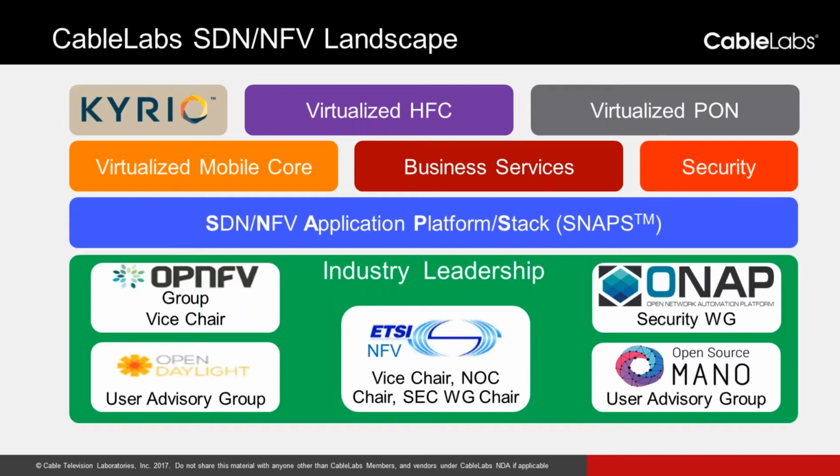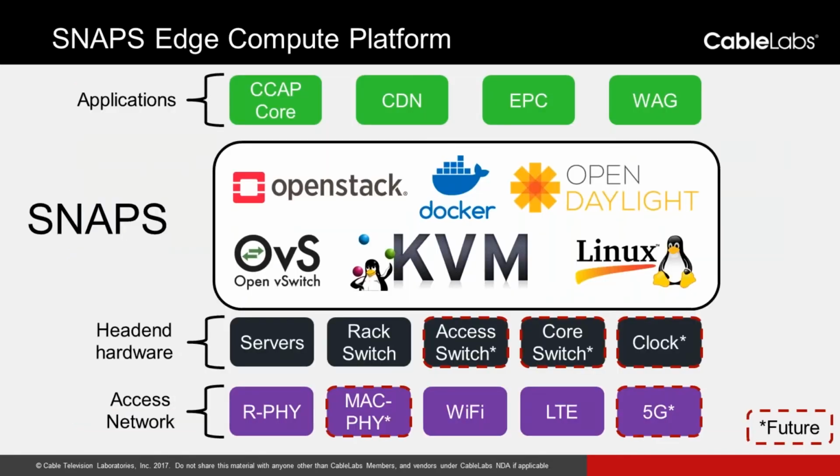I won't go too much into the demo we've done in that, but do feel free to follow up if you'd like to learn more about that. Security is another huge area in this space, and we work very closely with the security team to identify potential threats as well as to influence the open source projects to improve their security measures. And of course, the mobile core is another strong use case.